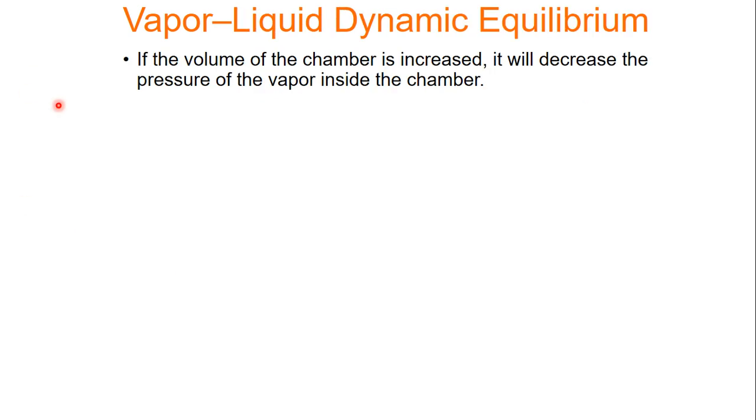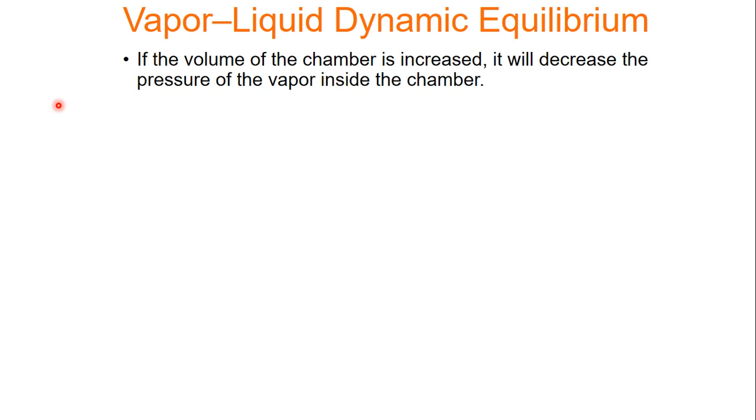So let's say that you're in a chamber and you can increase the volume of this chamber while still keeping it closed. What's going to happen is that you'll instantaneously decrease the vapor pressure because there are fewer vapor molecules in an area.